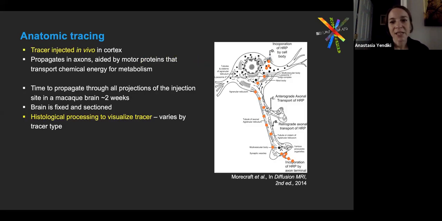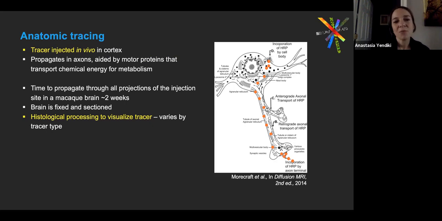Anatomic tracing is used in non-human primates. There, the tracer is injected in vivo in the gray matter. And it propagates through the axons, aided by motor proteins that transport chemical energy for metabolism. And that's why it has to be injected in vivo.